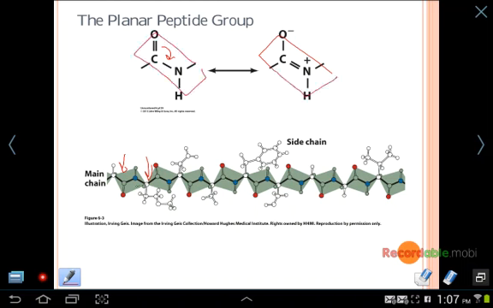As we can see in this polypeptide chain, we have a very rigid, fixed, planar structure at the peptide bond, while we're able to have rotation here with our functional groups.